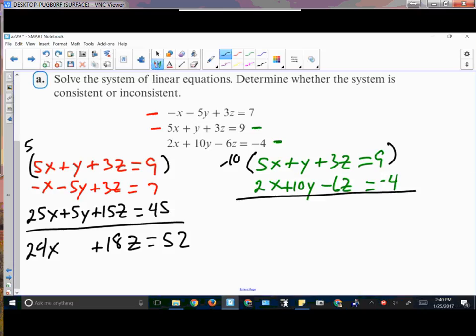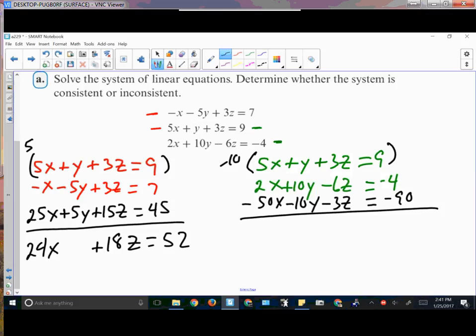So that gives me negative 50x minus 10y minus 30z is equal to negative 90. Oh, 30, yep, sorry. Negative 30z. That's why we've got to show our work, so I can catch my mistakes.